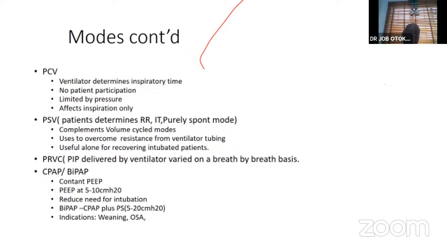It's simple. For every effort the patient makes of 100 mils, the machine now senses it and increases the pressure so as to increase the volume to 200 mils. That's what the pressure regulated volume control means. And then we learn about the CPAP and then the bi-level ventilation.